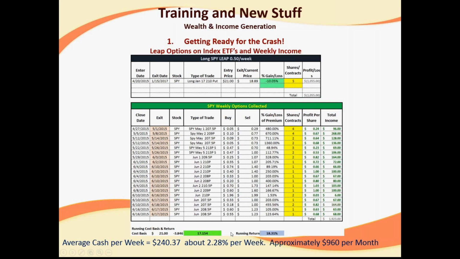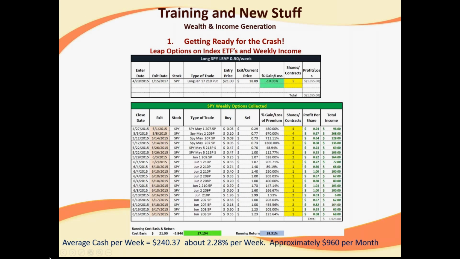But at the same time, I want to be reducing my cost basis of this. And so far, we bought at 21 and we've collected, and this is 5 contracts, $1,923 in premium since 4/27. And we have reduced the cost of this option down to $17.15. That's this option up here.